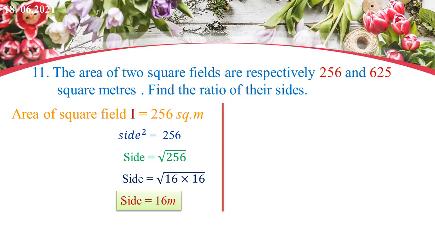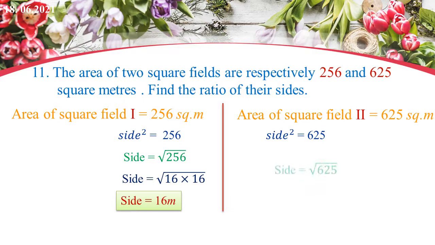Let us find the side of the second square field. Area of second square field is 625 square meter. Area of square formula is side into side, that is side square equal 625. We need to find side because we need to find the ratio of their sides. So, side equal square root of 625.